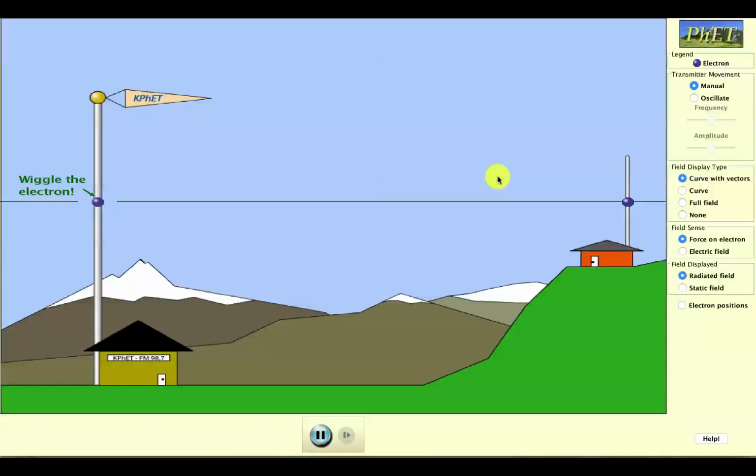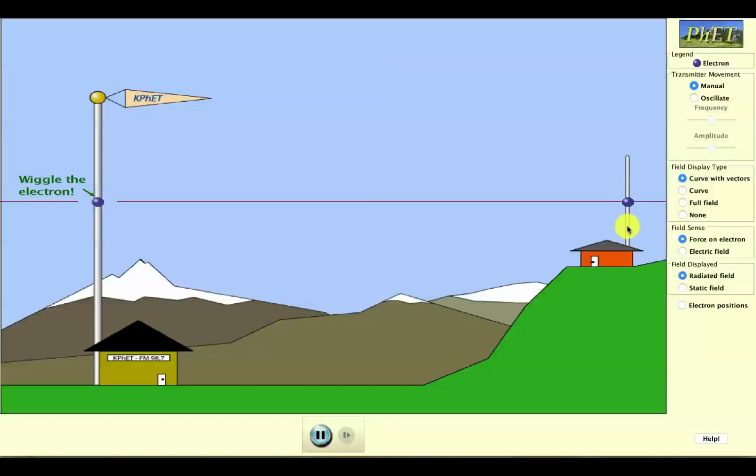In this animation, we have a charge here. It's an electron in a wire that can move up and down. And far away is an antenna, and here there are also electrons that can be made to move up and down by an electric field, of course.